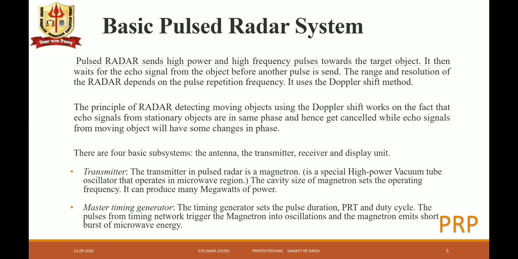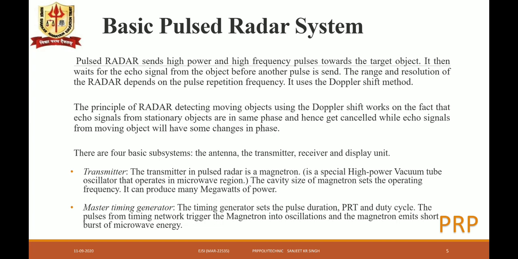So the next, master timing generator, a timing circuit, sets the pulse duration, the pulse width, the PRT and the duty cycle. The pulse duration is the duration or the time for which the high frequency, powerful signal is transmitted, is turned on.